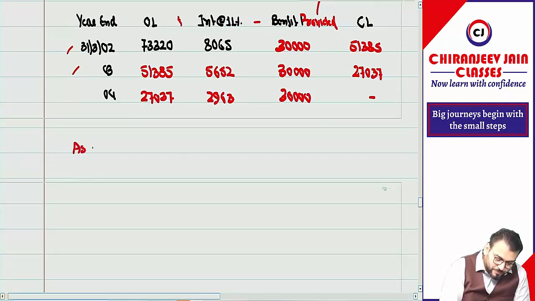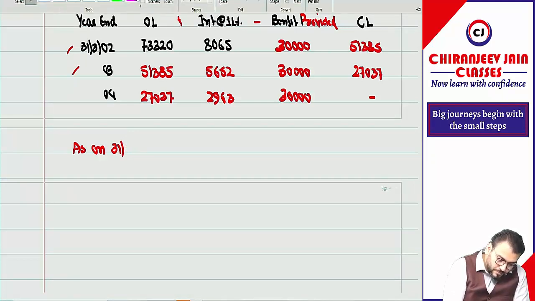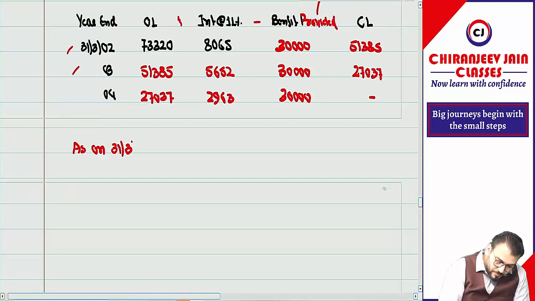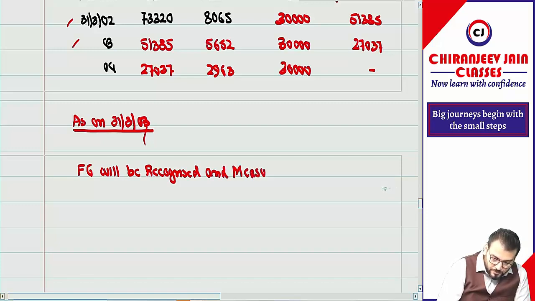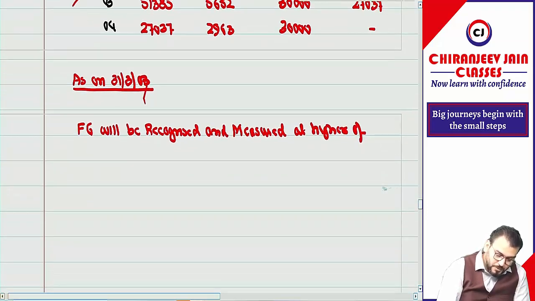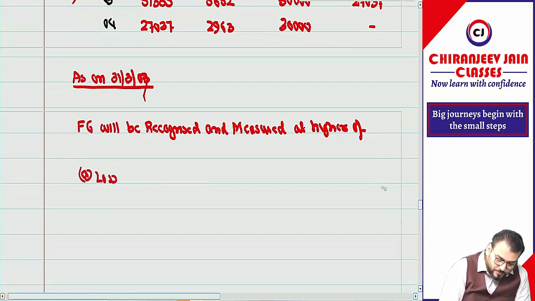As on 31st March 2002, a financial guarantee will be recognized and measured at the higher of: point number A, the amount of loss allowance.